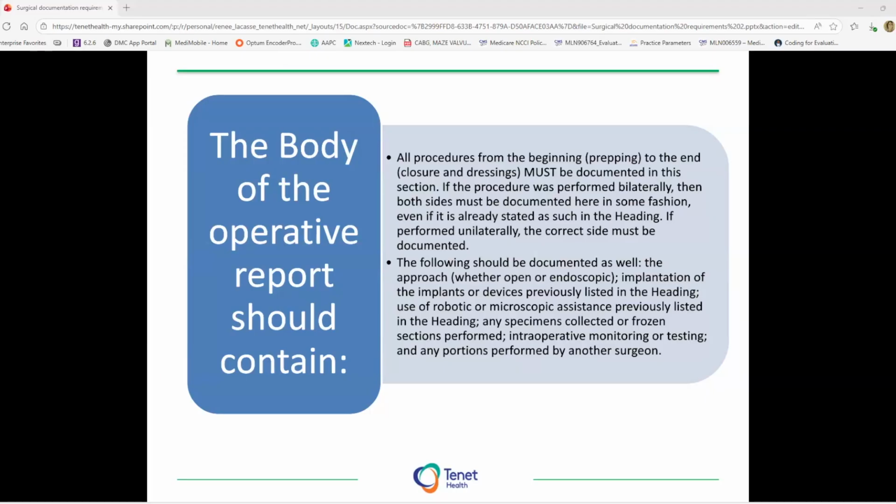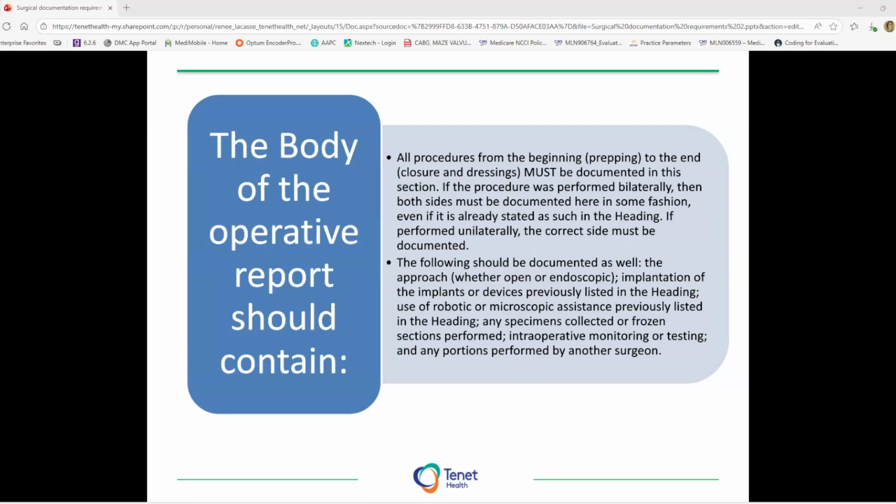Additional details that could be included: the surgical approach. You want to make sure you're including that, open or endoscopic. Any implants or devices, you want to confirm the implantation or list the items that you addressed in the heading of the note. Robotic or microscopic use, if it was noted in the heading.